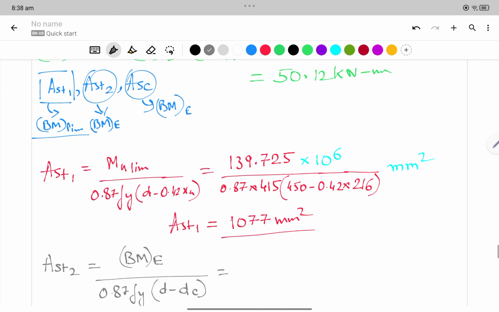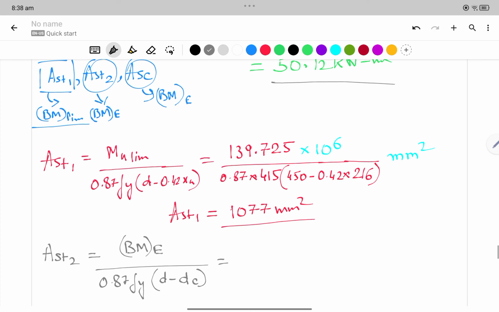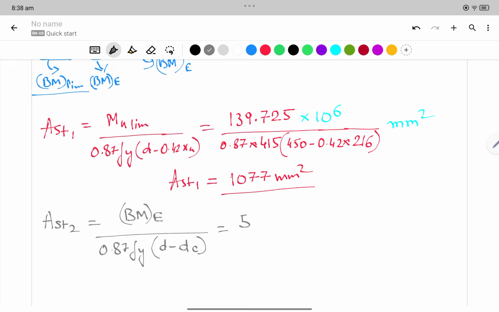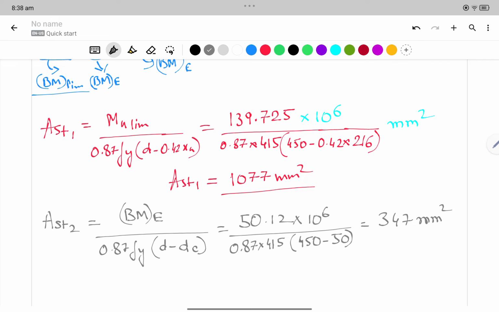Bending moment extra is 50.12 divided by 0.87 into 415 into D is 450 minus DC is 50. So the value will be coming to 347 mm square.